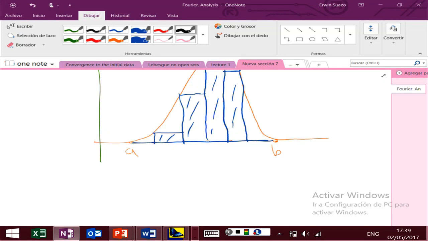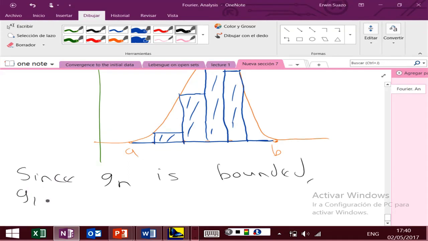Now, what I observe is that G sub n is bounded, right? Why? Because f of x is bounded. So now the sequence G1, G2, G3, G4 is non-decreasing.